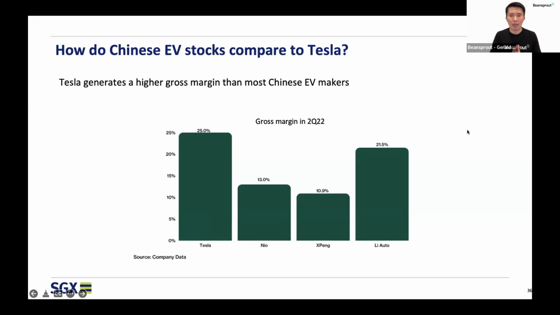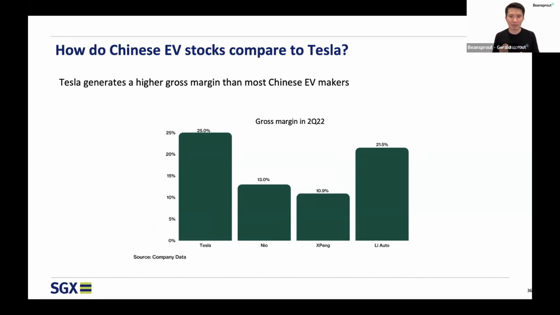Okay. The next one would be the gross margin from different EV makers. We can see that Tesla's gross margin is way above some of these Chinese EV manufacturers that we look at.